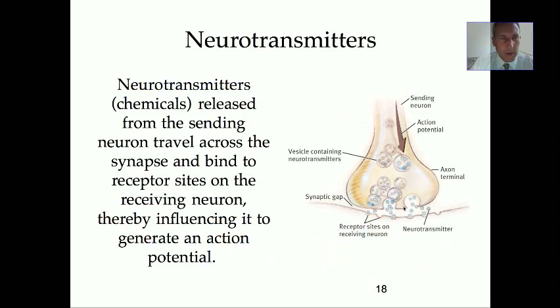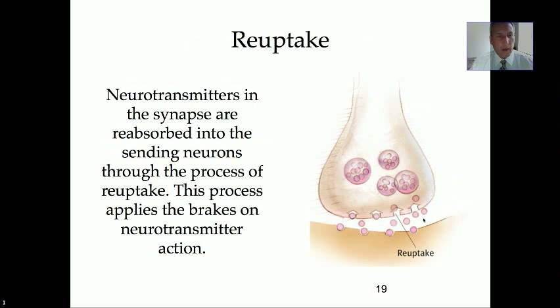So the neurotransmitters are released, and they bind on the receiving neuron. And if we look on the next slide, is what happens during reuptake, meaning that the neurotransmitter gets reabsorbed back into the sending neuron.